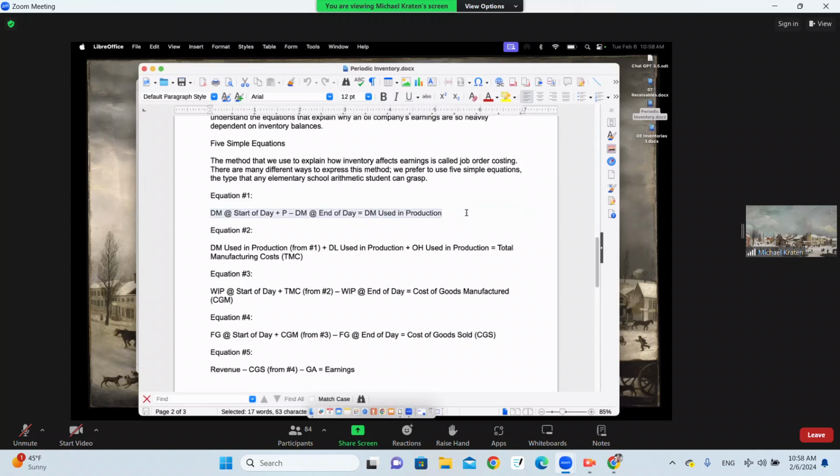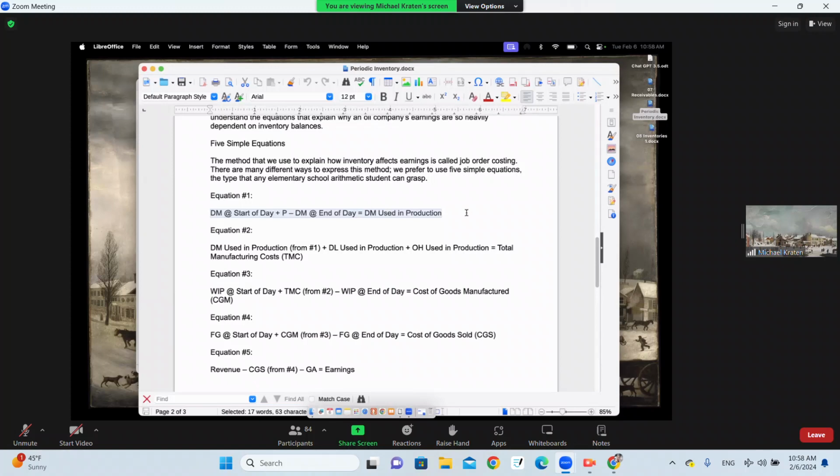The bottom line is, and again, equation number one, I'm hoping sounds logical to you. The amount of raw clay that I use in production today equals the amount of raw clay that was sitting there unused at the start of today, plus the new batch or the new shipment of raw clay that I purchased this morning, minus the portion of the purchase that I didn't get around to using today.